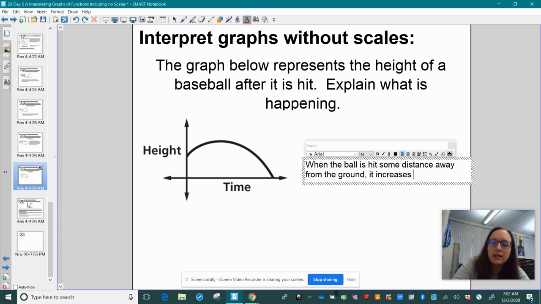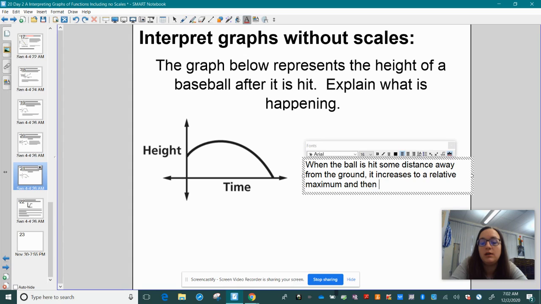It increases and then decreases to a relative maximum, and then, I don't want to put slowly because that implies we hit the baseball very slowly. And then we'll just put decreases until it hits the ground.